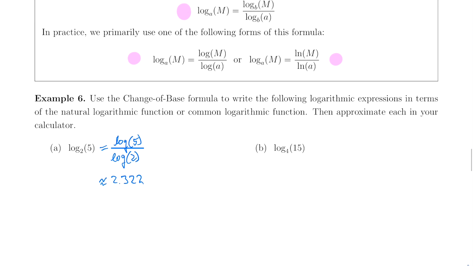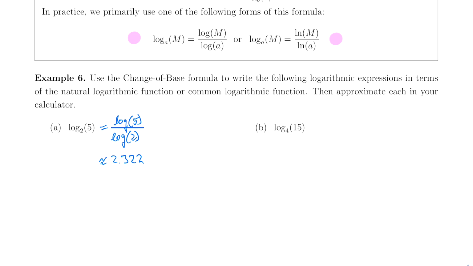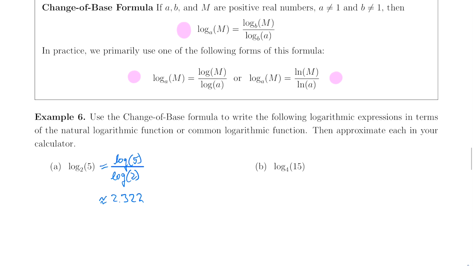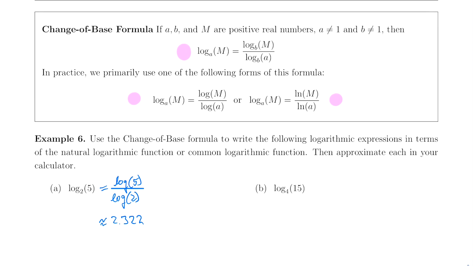Now try it out and see what happens if you work the same problem with ln. Let's actually write it next to it. So, logarithm to the base 2 of 5. Now what will happen if we rewrite it with ln of 5 and we are dividing that by ln of the base 2?